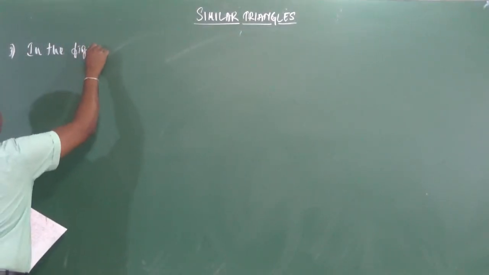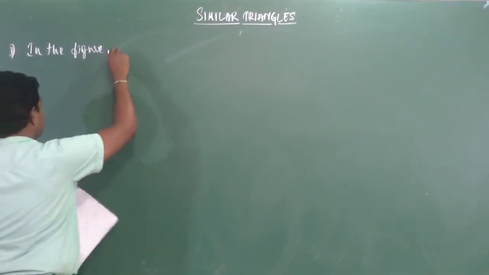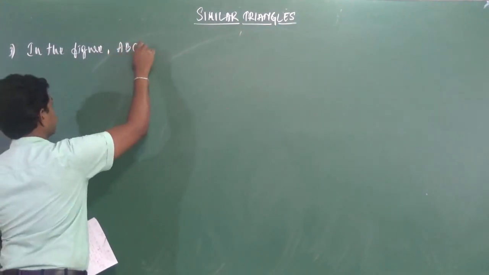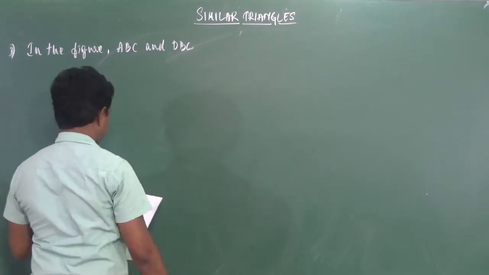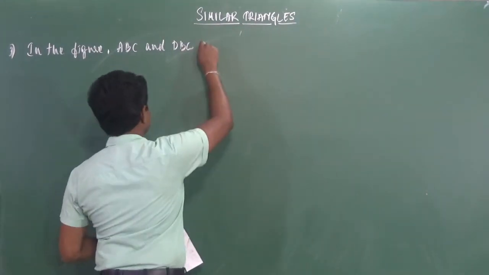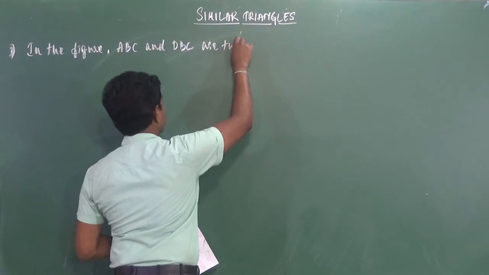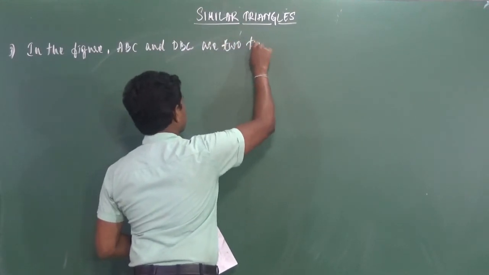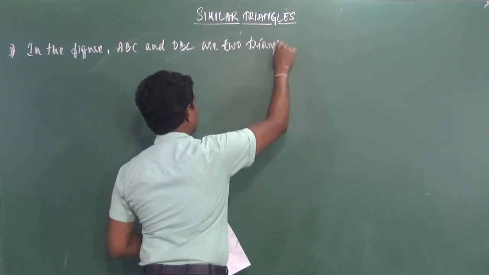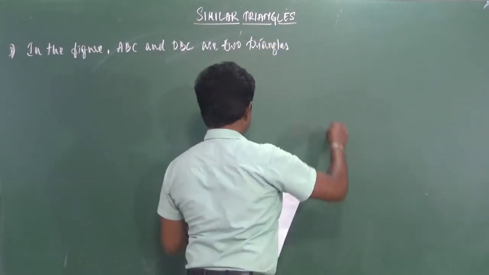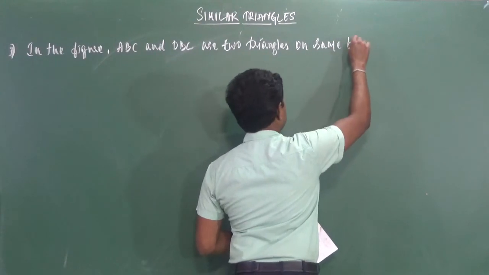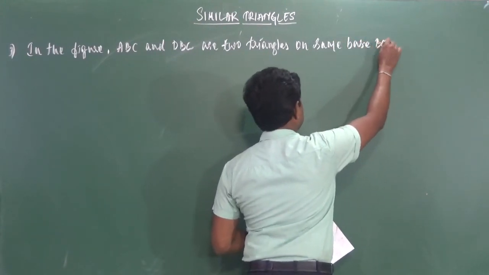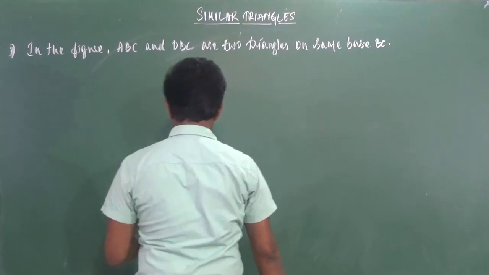So in the figure, ABC and DBC are two triangles on the same base BC.